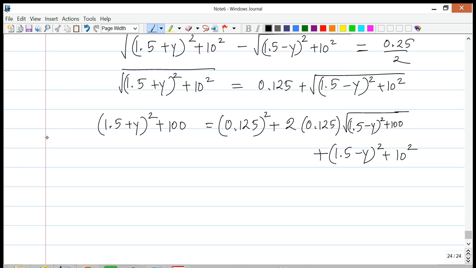Okay, so first when we square this left hand side, what we end up getting is 1.5 squared, which happens to be 2.25.